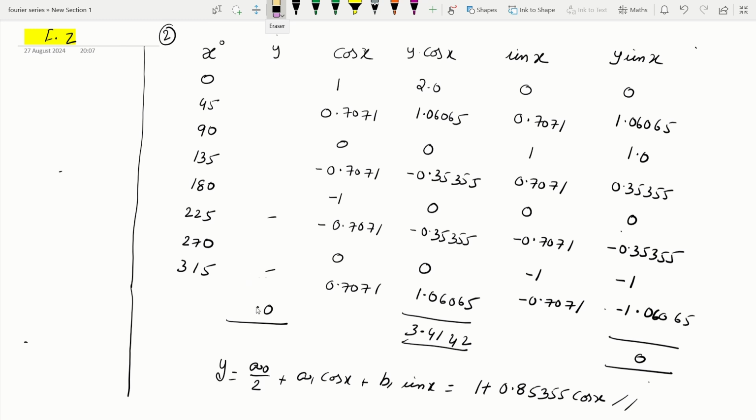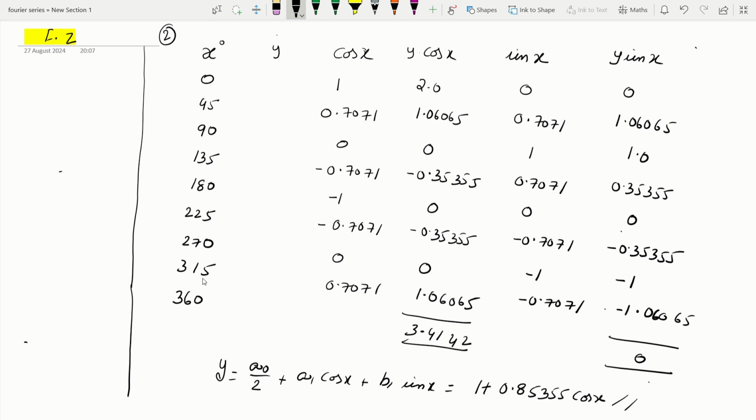Anyhow, we have to tabulate, right? In this problem, they gave that x values are 0, 45 onwards it started. It's okay, I will take it like this: X value 0, 45, 90, 135, 180, 225, 270, 315, 360. We will take like that.